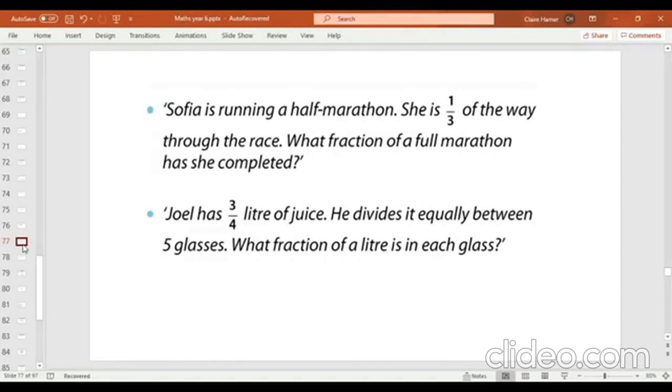So I remember that dividing by 5 is the same as multiplying by 1/5. So I'm going to do 3/4 multiplied by 1/5. Right, remember my rule. Multiply the numerators, multiply the denominators.